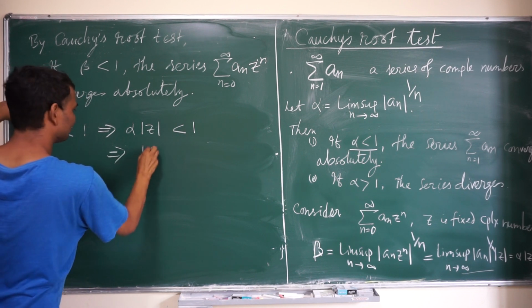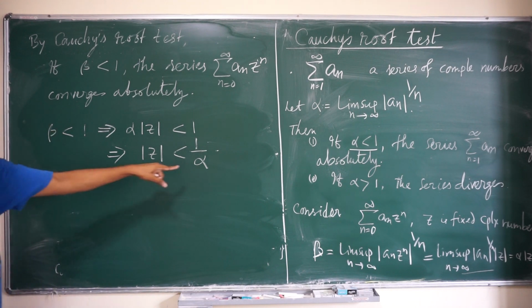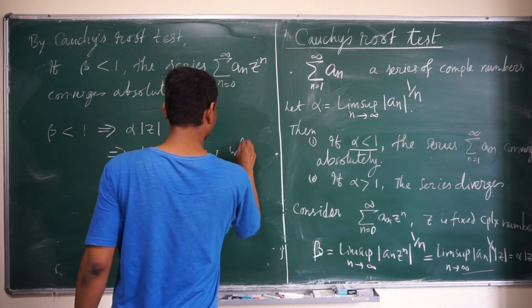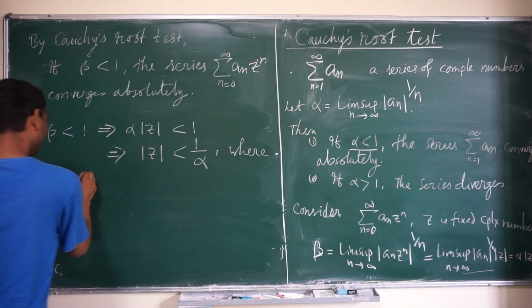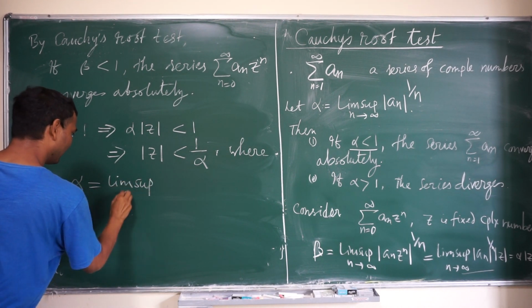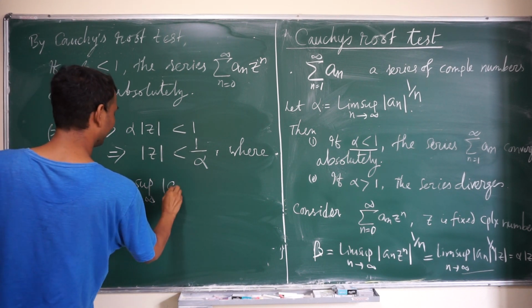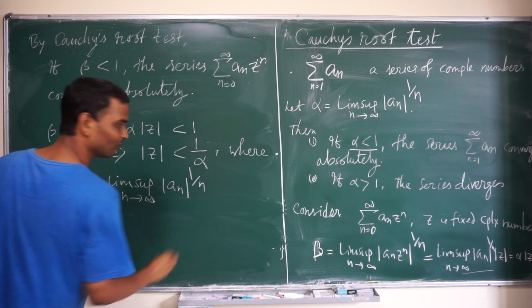This implies mod z is less than 1 over alpha. And what was alpha? Alpha is the lim sup as n tends to infinity of mod a n to the power 1 over n, right?